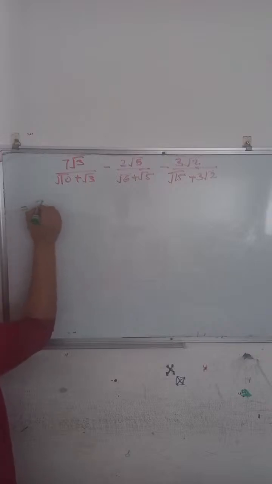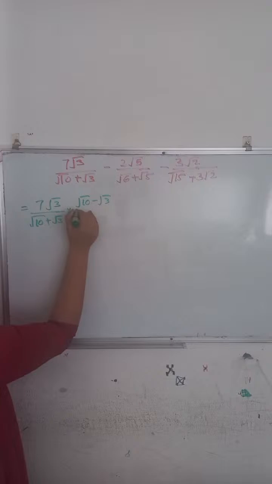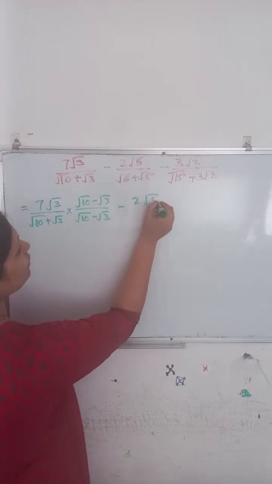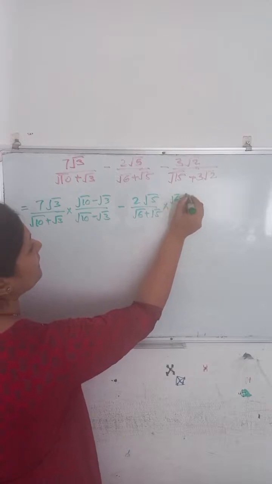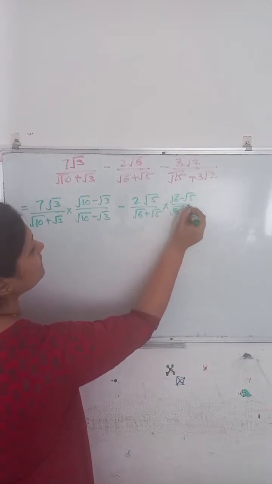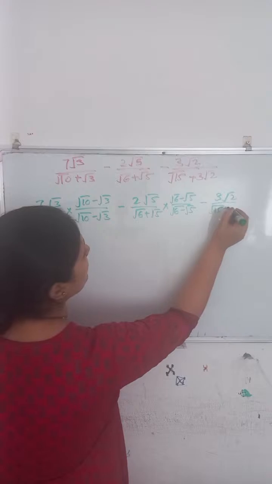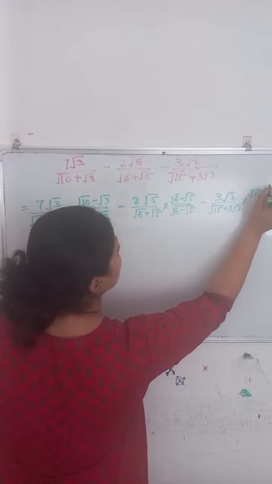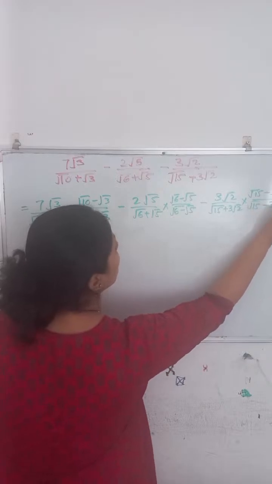So here 7 root 3 divided by root 10 plus root 3 into root 10 minus root 3 divided by root 10 minus root 3, minus 2 root 5 upon root 6 plus root 5 into root 6 minus root 5 upon root 6 minus root 5, minus 3 root 2 upon root of 15 plus 3 root 2 into root of 15 minus 3 root 2 divided by root of 15 minus 3 root 2.